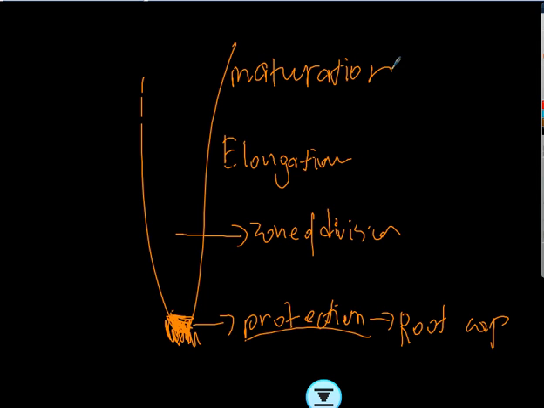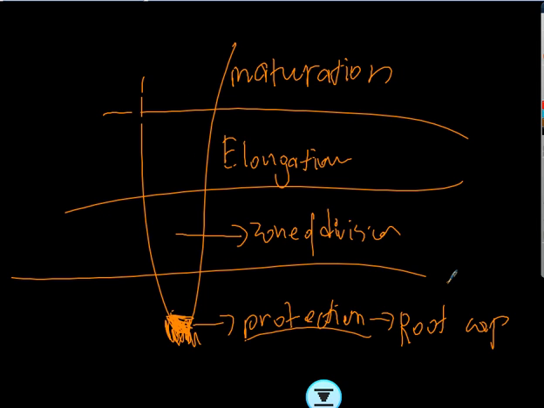What is the difference between these layers? In the zone of division, the cells are small and tiny, and they divide. They increase in size, and then here they will elongate into longer cells.